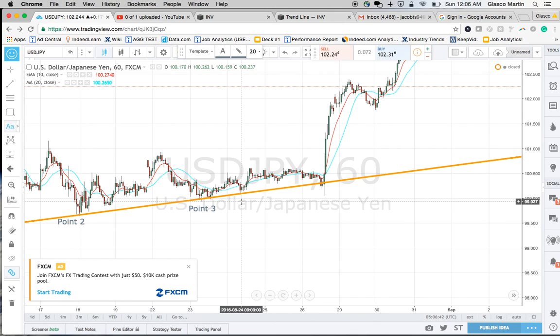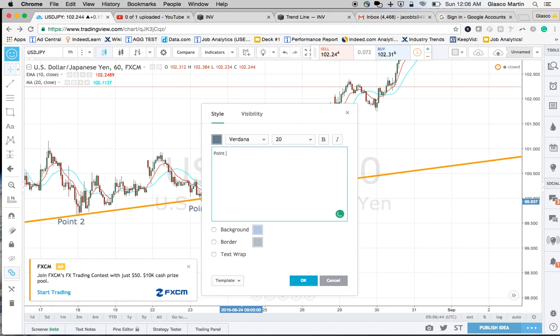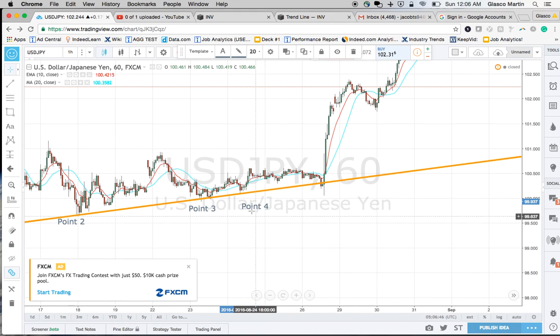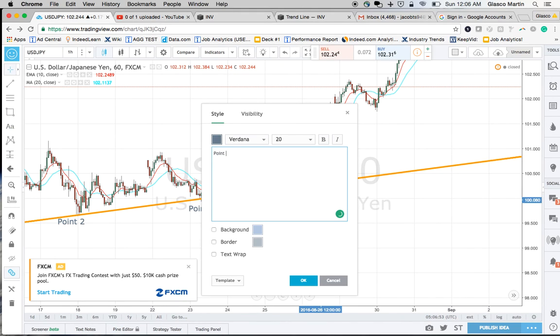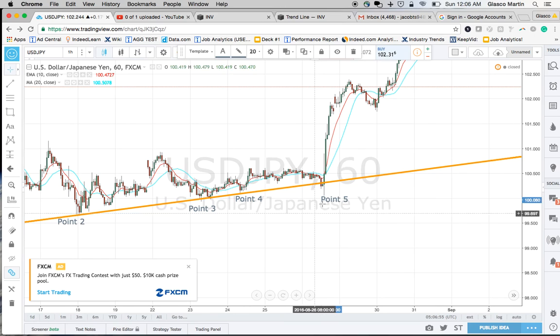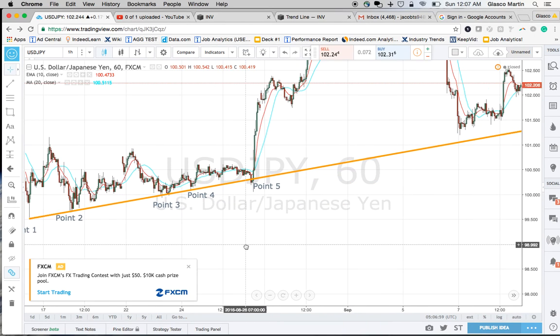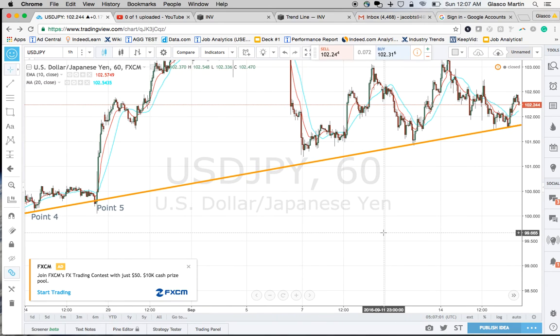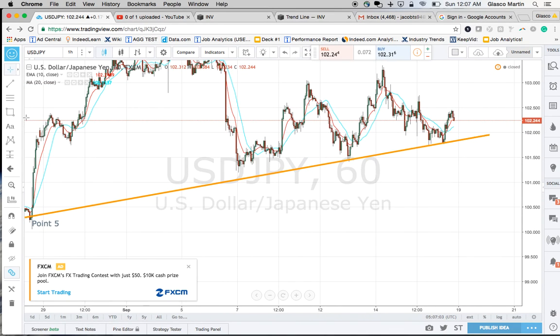So this could be point 4 right here. I'll put point 5 right here. And this is a very strong channel. You can see the market's been on a very long bullish run. So this is point 6 right here.